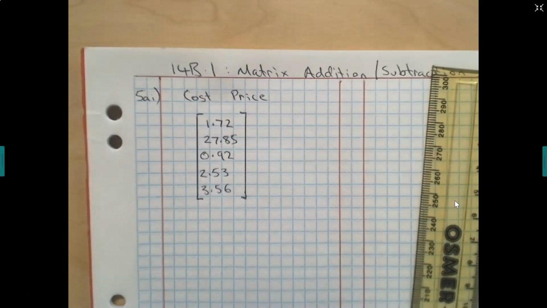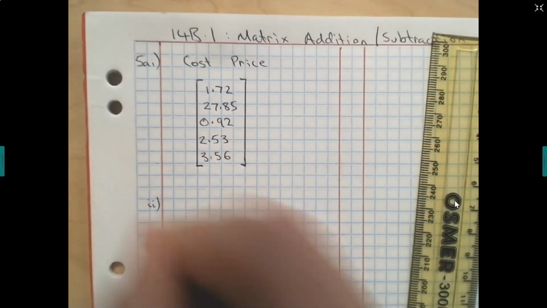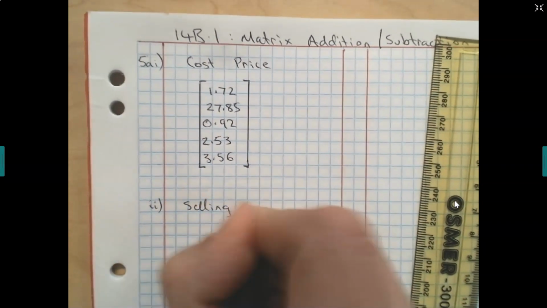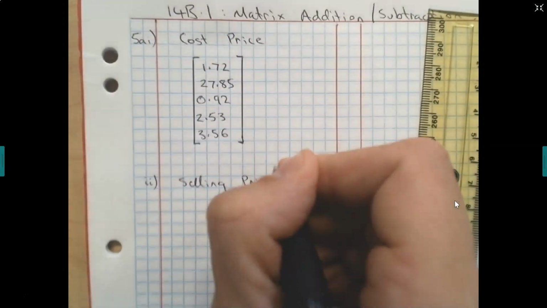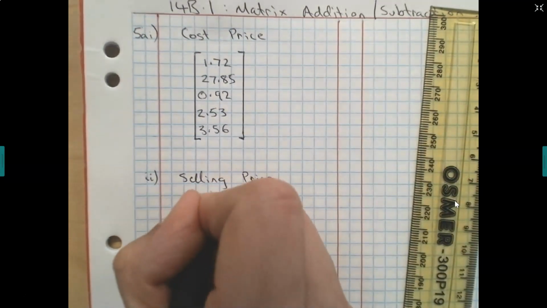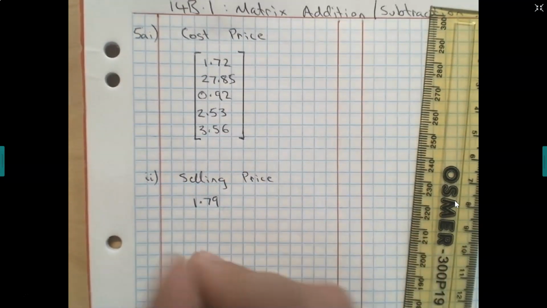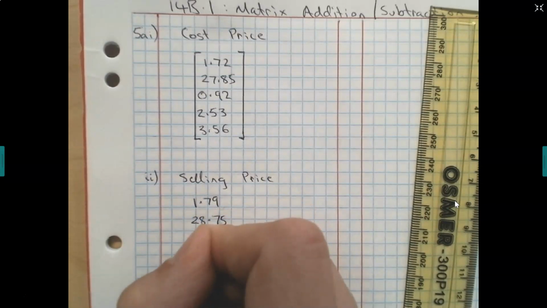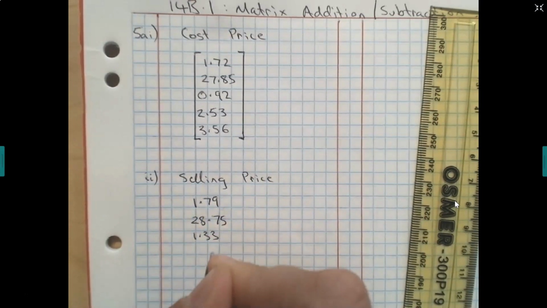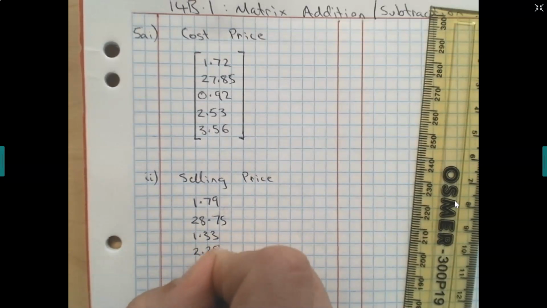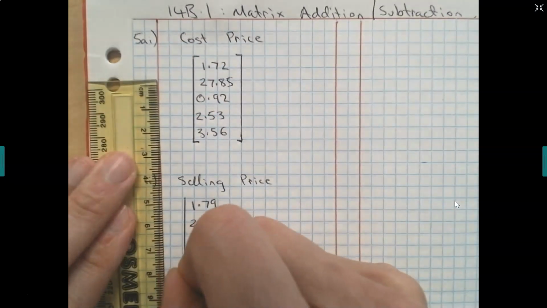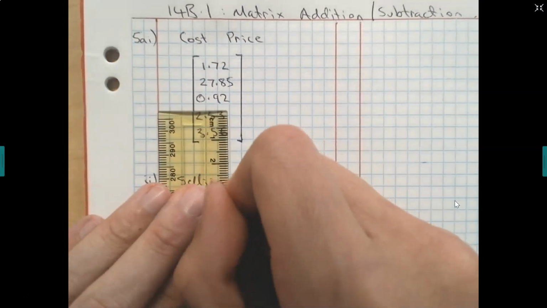So part 2, it was selling price, and we've got $1.79, 28.75, $1.33, 2.25, and 3.51. Again, notice I didn't do any dollar signs, I've just got the values in the matrix.